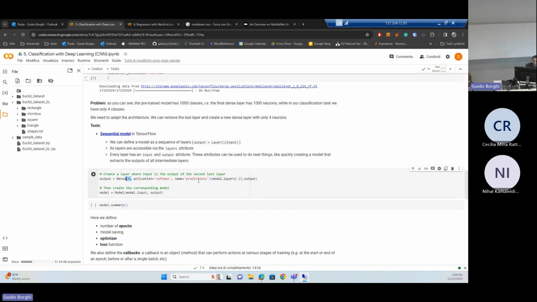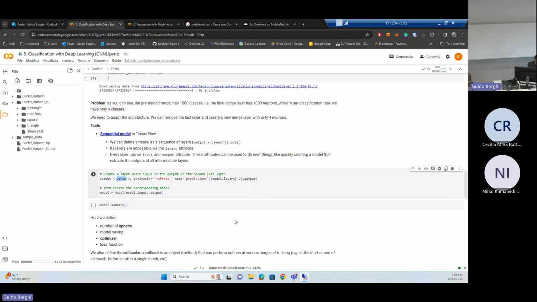This layer is connected to the last convolutional layer of our network. In this way, I access all the layers of our network. I remove the last layer, and then I connect the output of the previous layer to our dense layer.